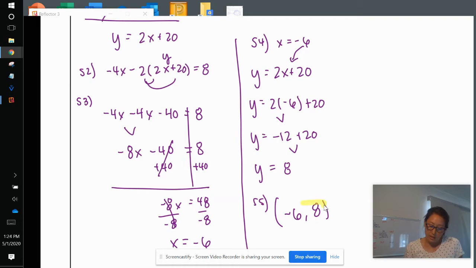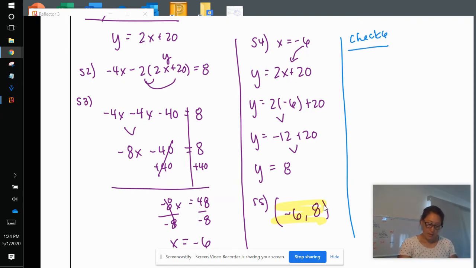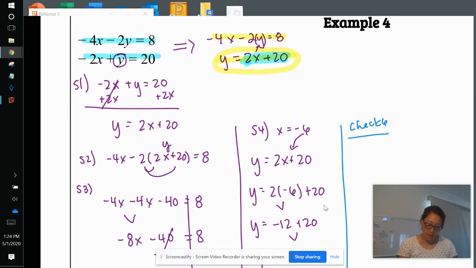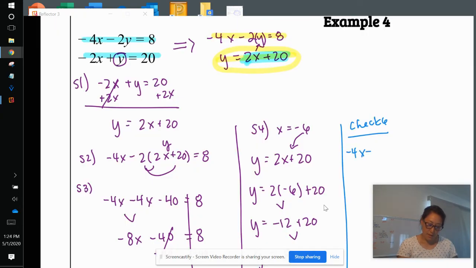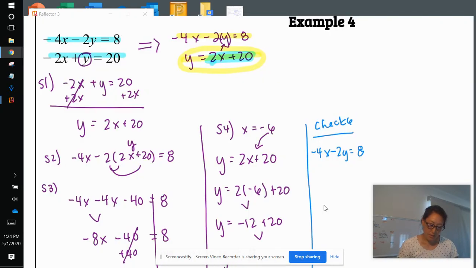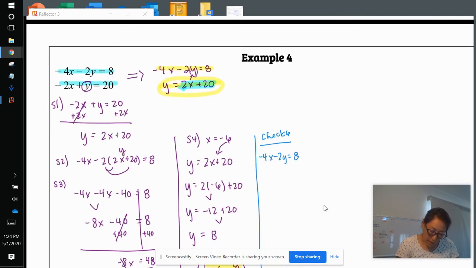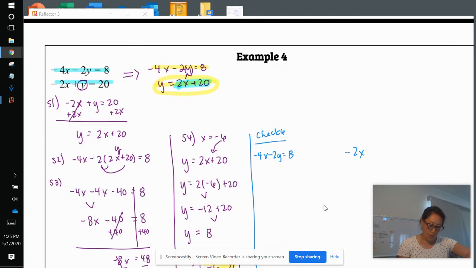And I think that's my solution, so I am going to go ahead and do my check, which is step 6. All right, so my original equations are negative 4x minus 2y is equal to 8. And the other original is negative 2x plus y is equal to 20.